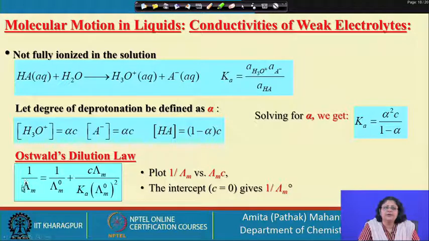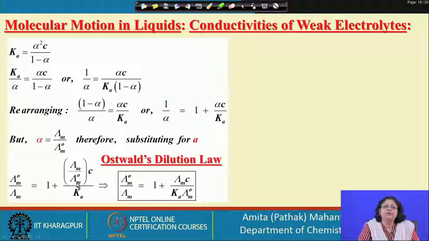So you measure lambda at a given concentration, and plot concentration into lambda on your x axis and 1 by lambda on the y axis. Then you take the intercept to conditions where C equal to 0, and that will give you the value of 1 by lambda naught. So 1 by lambda naught can be calculated from the intercept. This is the derivation, how you are going to derive this.